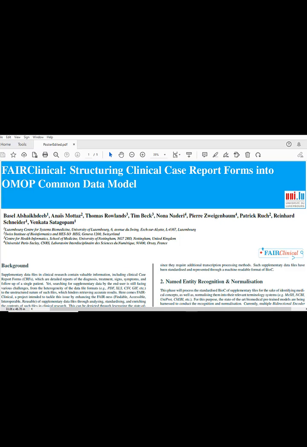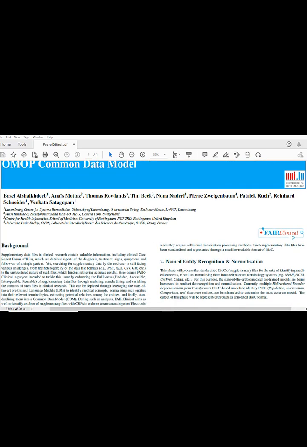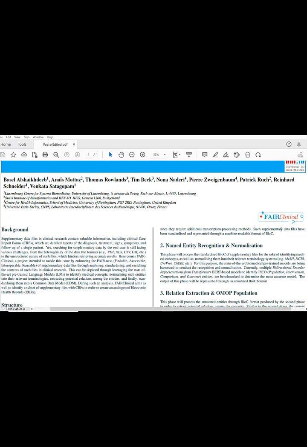So, FAIR Clinical aims to handle a very important aspect in clinical publications, which is dealing with the supplementary data files. In fact, the supplementary data files in the clinical domain might contain very important information, which is the clinical case report forms.